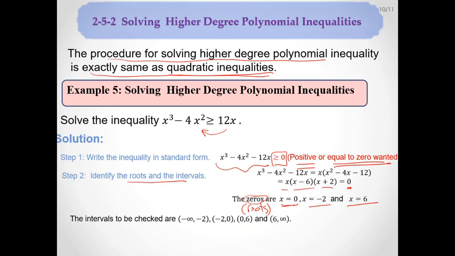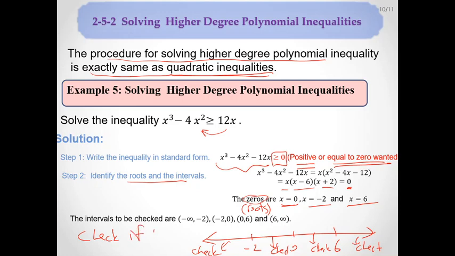So you can draw the line and divide it into the intervals, like negative 2 is here, and 0 here, and 6 here, and then check all of them. You're checking if it is plus or minus. You know the procedure.